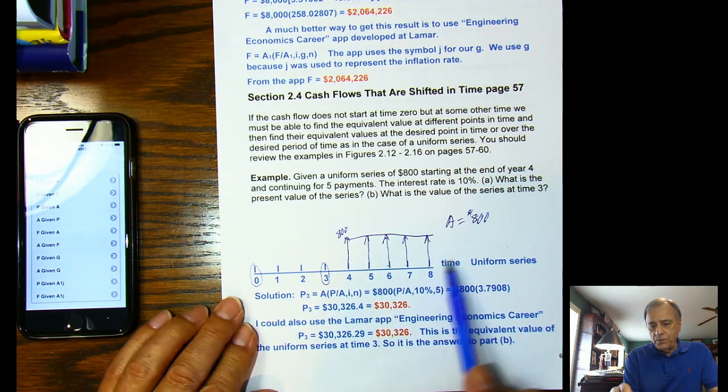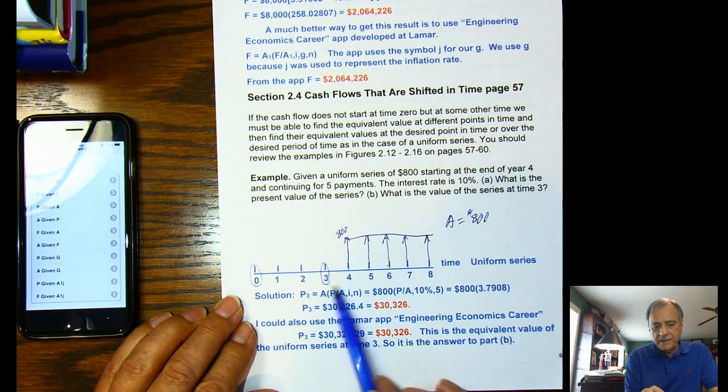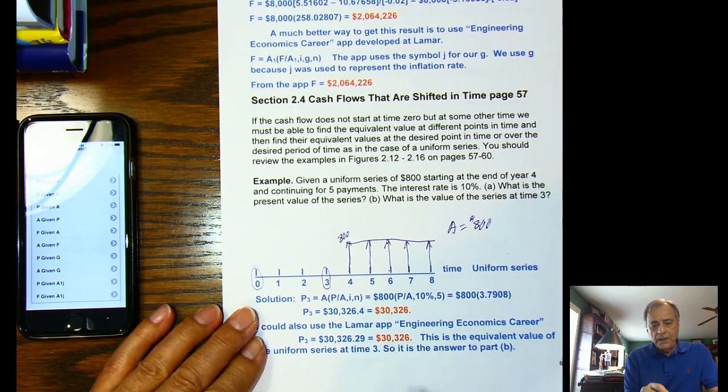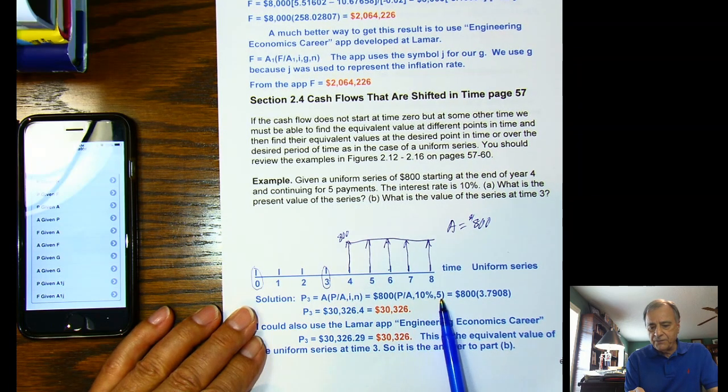So we're going to get the value that we need in part B at time 3 just by applying our formula like we did in the last class. So it'll be a P3, and I subscripted it so I know where that P is equal to A, P given A, I-N, A is 800, P given A, 10% for 5 payments.